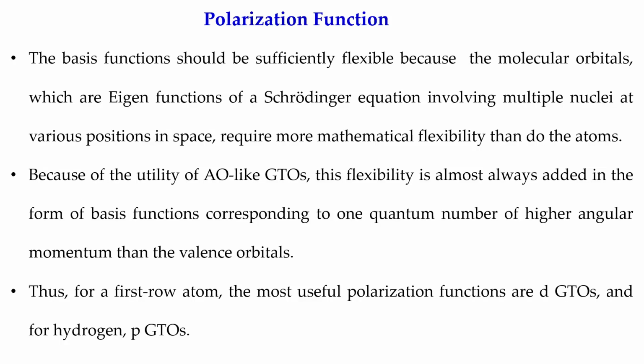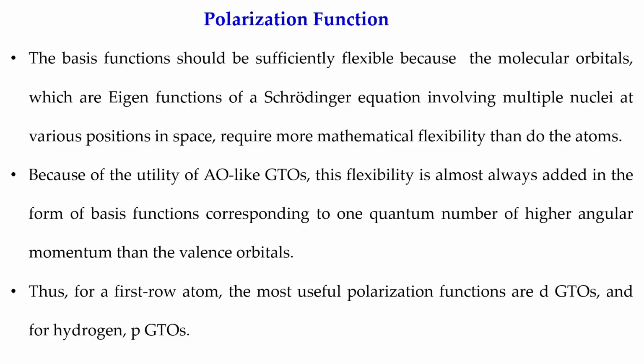The basis functions should be sufficiently flexible because molecular orbitals, which are the eigenfunctions of the Schrödinger equation involving multiple nuclei at various positions in space, require more mathematical flexibility than atoms do, because in a molecule there can be some polarization of the electron density from the negative towards the positive end. Okay. Because of the utility of atomic orbitals like GTOs, the flexibility is added in the form of basis functions corresponding to quantum numbers of higher angular momentum.